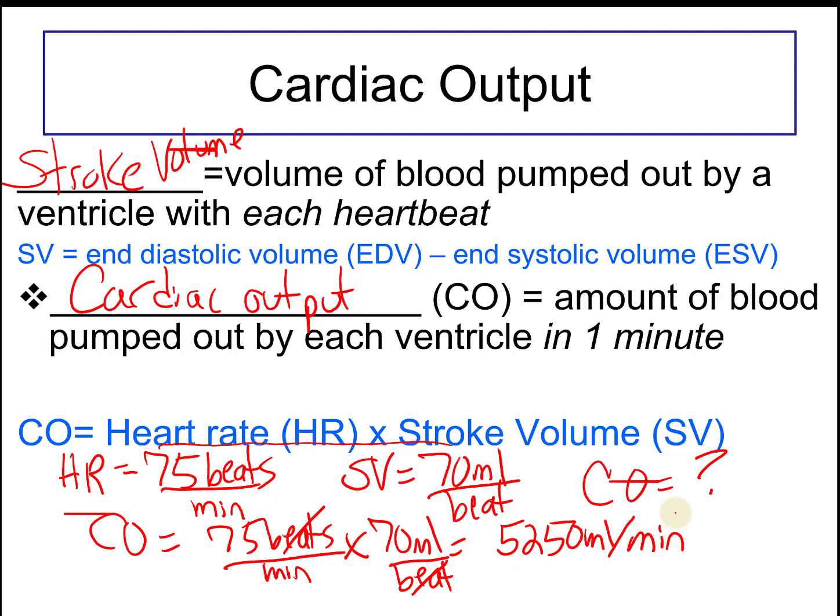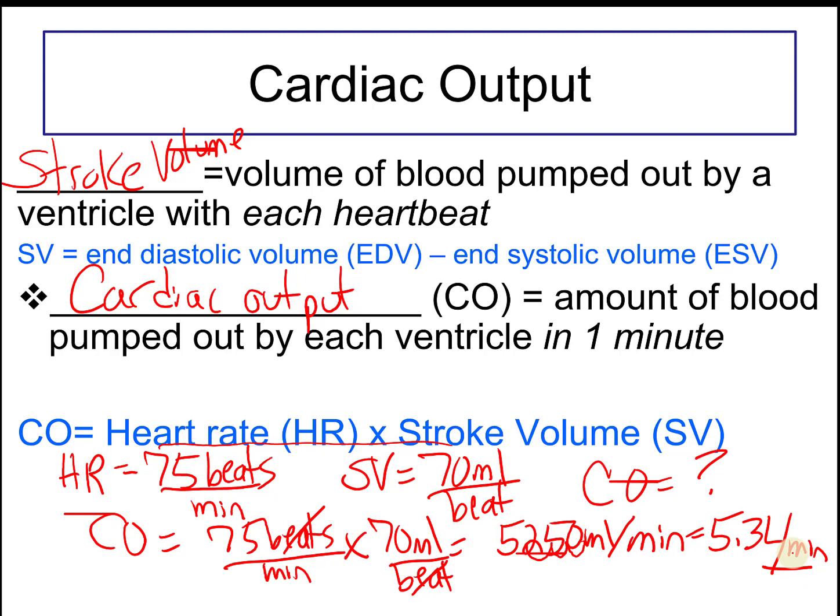This is the cardiac output. Now let's change it to liters. There's 1,000 milliliters in a liter, so we need to move the decimal point 1, 2, 3. So this is the same as about 5.3 liters per minute. That's the cardiac output of a typical person at rest.